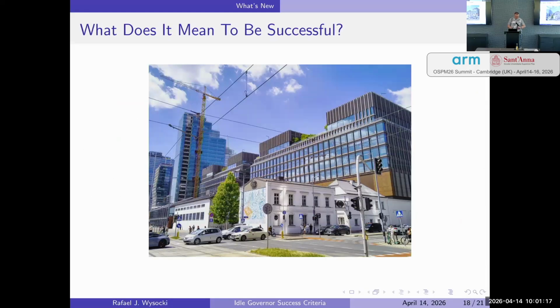So okay, what the criteria for success are really. What does it mean to be successful? This is actually an example of some controversy. The white buildings in the middle are parts of a historic factory that was located in this area, and it actually is still there.